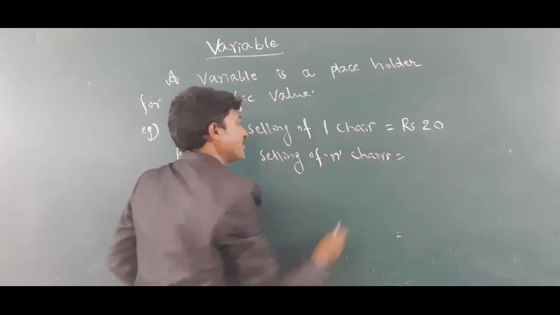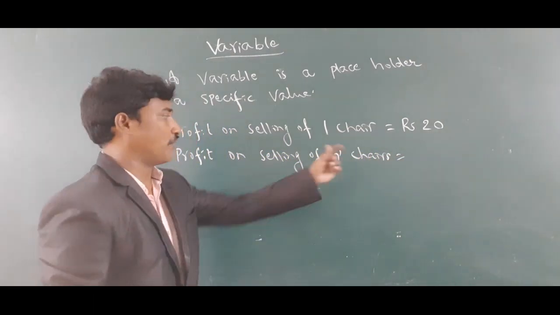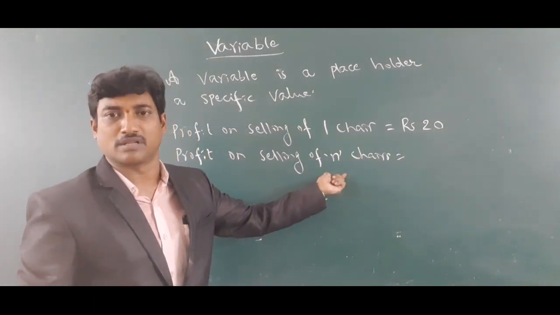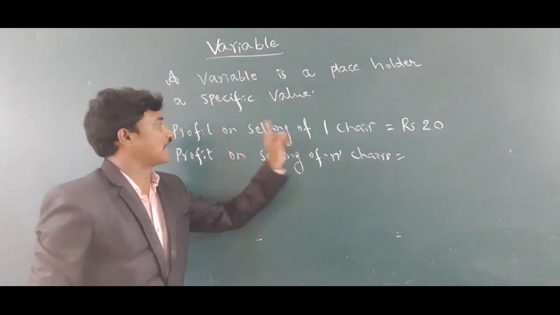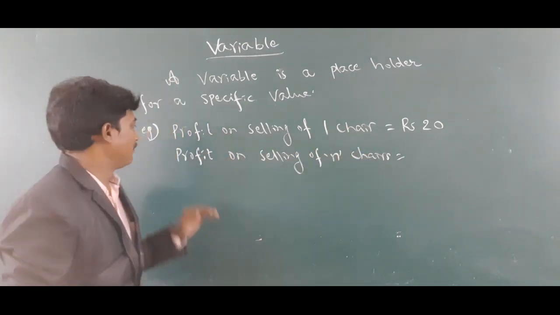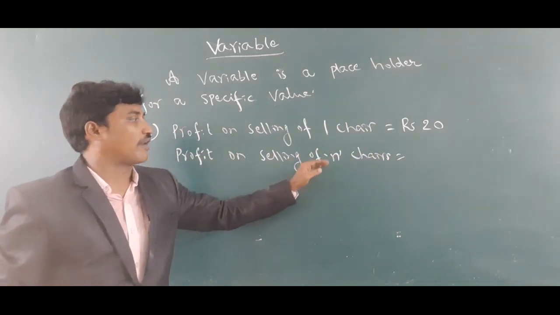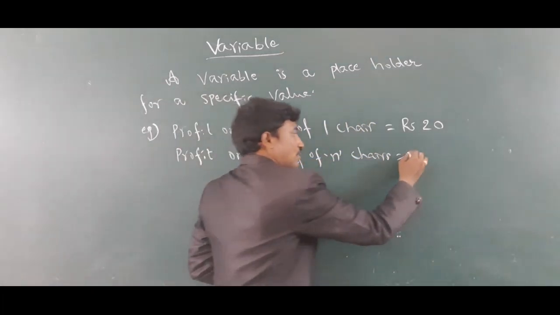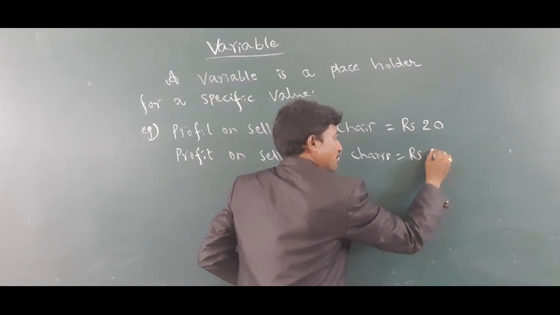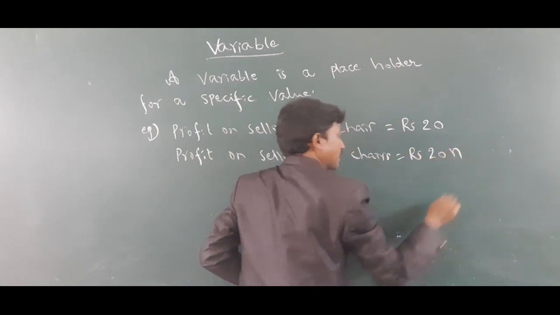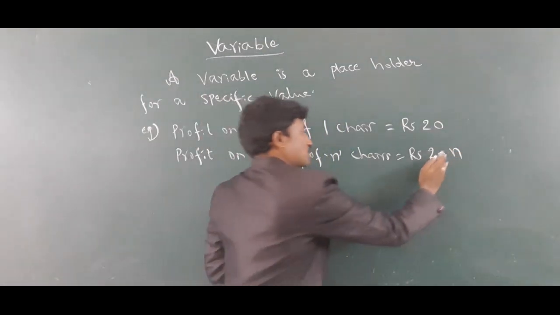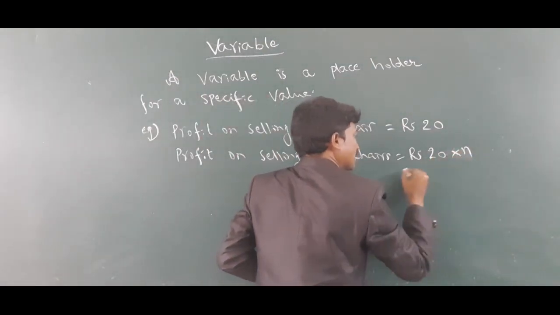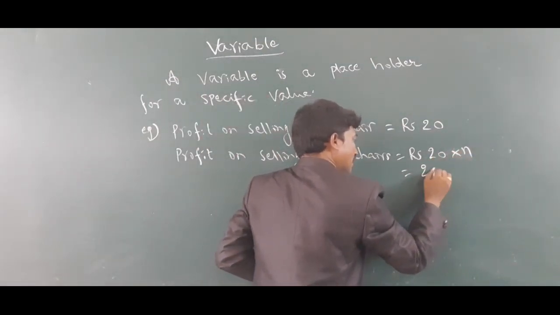Here n is a variable, maybe n value may be 1 or 2 or 3 or 4. When profit on selling one chair is 20 rupees, then profit on selling of n chairs is 20 rupees into n, that is 20n rupees.